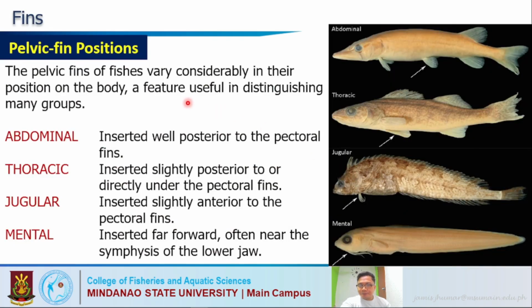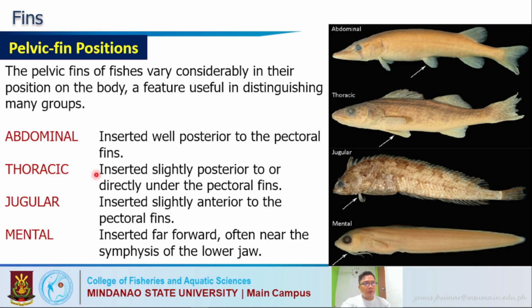And then let's proceed to the pelvic fin positioning. Now, the pelvic fins of fishes vary considerably in their position on the body, a feature usually useful in distinguishing many groups. We have what we call the abdominal, inserted well posterior to the pectoral fins.